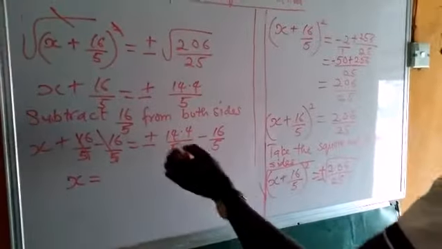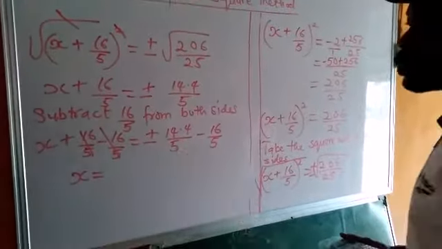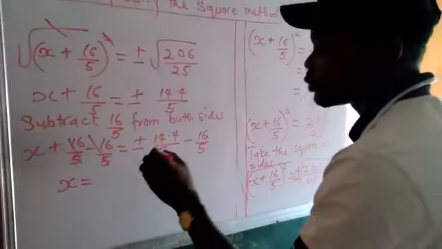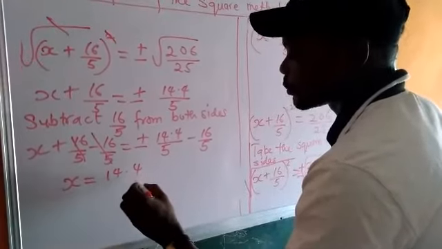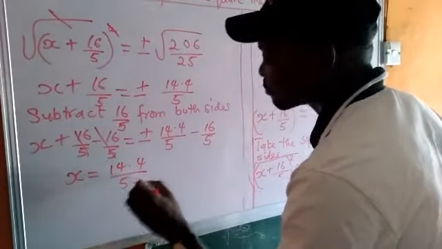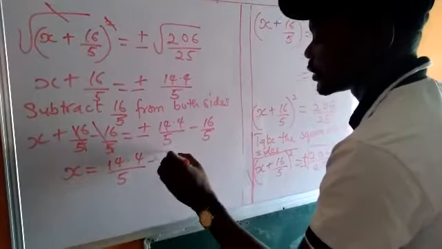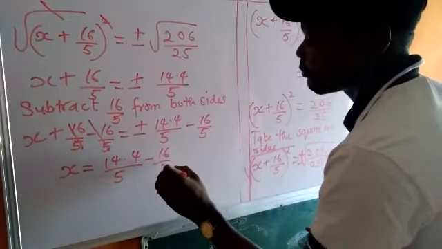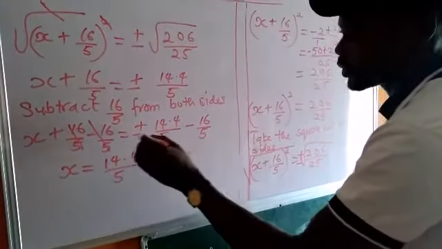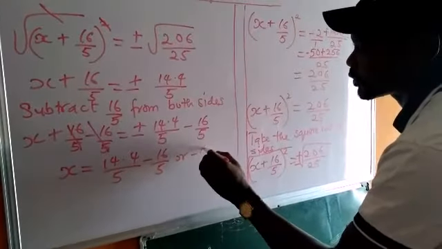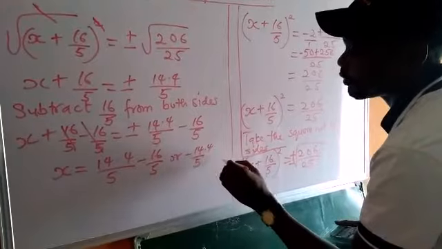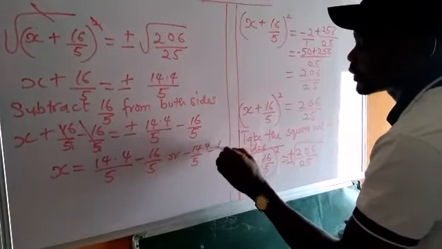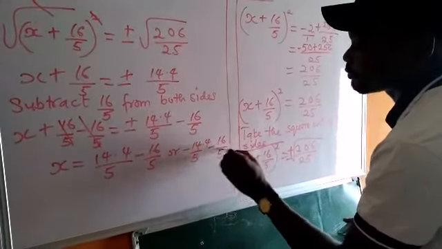So separate this sign so that you can have two equations and two values for x. One will be 14.4 over 5 minus 16 over 5, or the other with the minus sign, minus 14.4 over 5 minus 16 over 5.